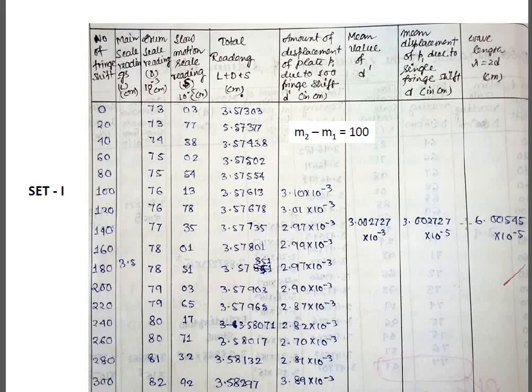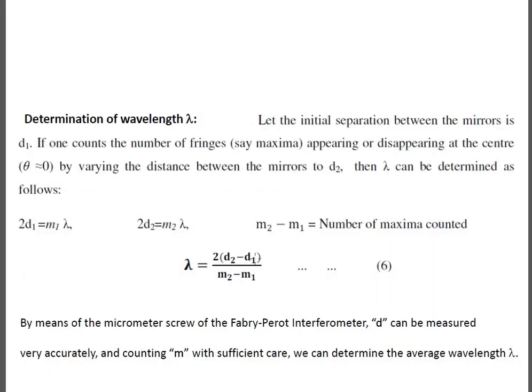Now this is coming around 6000 angstrom. So you see, this is the mean of these distances, right? Now you remember this formula over here, the mean of the distances, D2 minus D1. Next I have to divide by M2 minus M1, which is what?